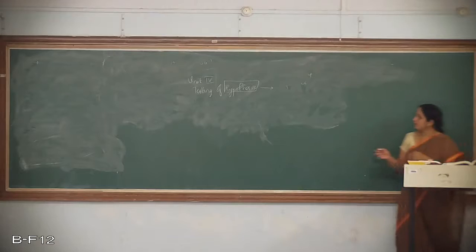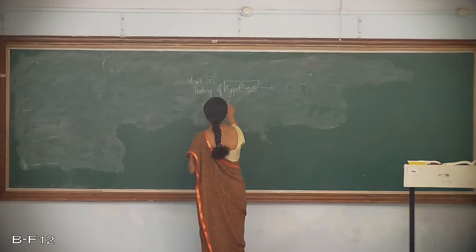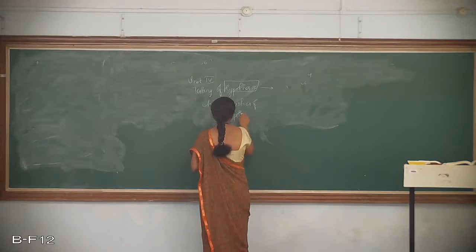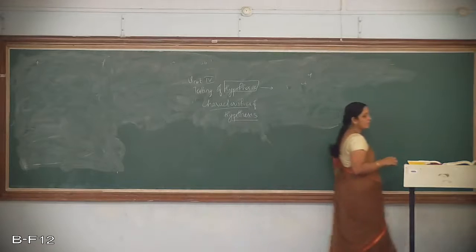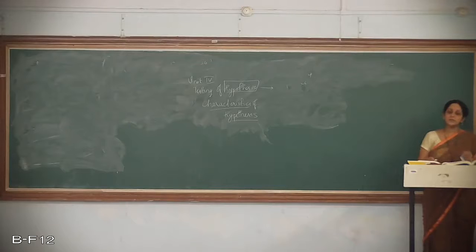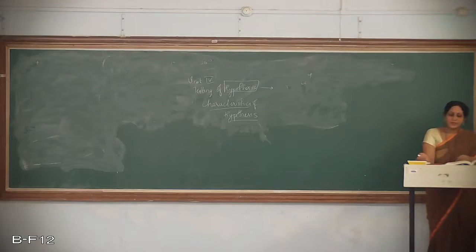Then, what are the characteristics of hypothesis? When I talk about the characteristics of hypothesis, the hypothesis must follow certain aspects. The statements that a researcher makes for any research work or study should be clear and precise.